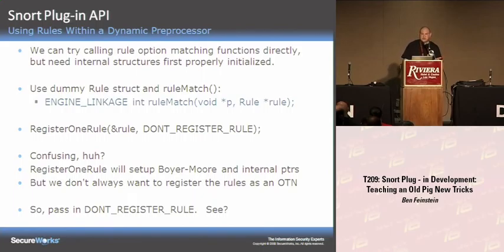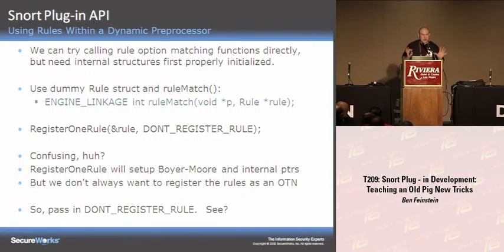So when you're in a preprocessor, you can also use some of the dynamic rules functionality, using the rule match function. Register one rule is a curious callback, and it was a little confusing for me. You register one rule, you give it a pointer to your rule, and then there's this flag called don't register rule. So at first, I kind of scratched my head and said, okay, register one rule, but don't register a rule.